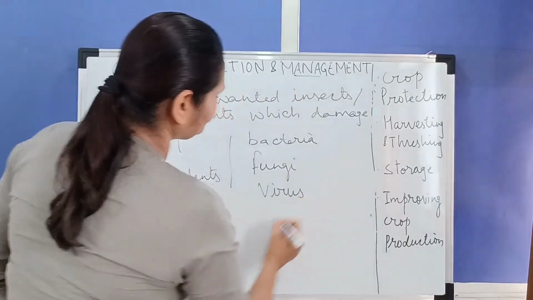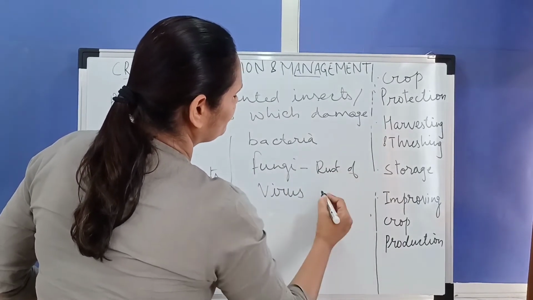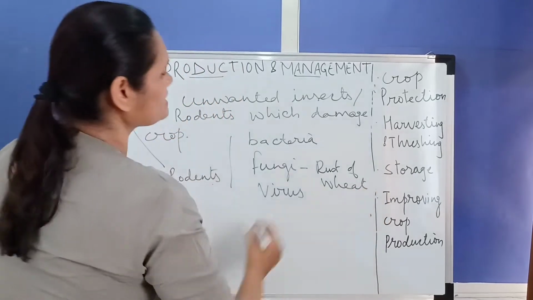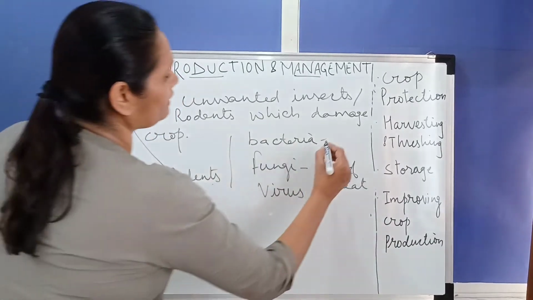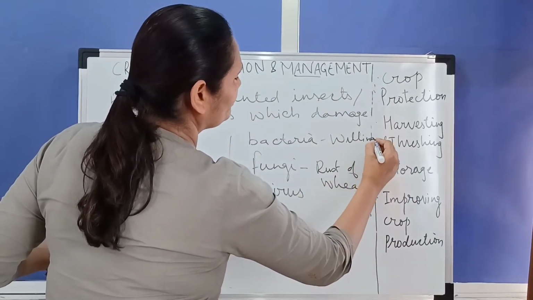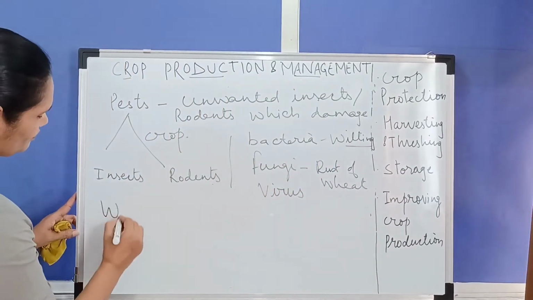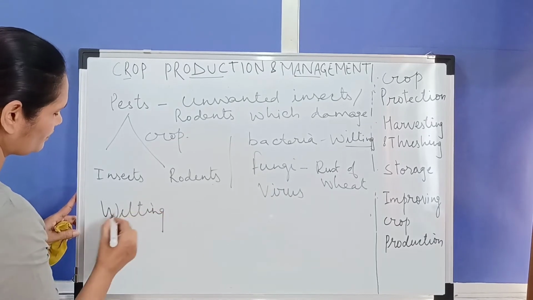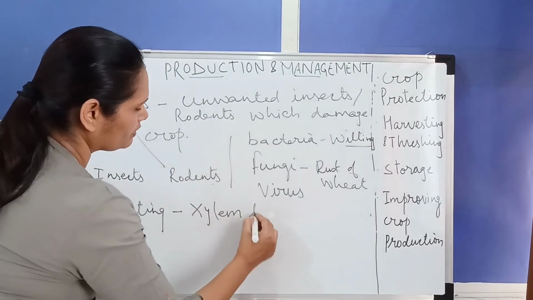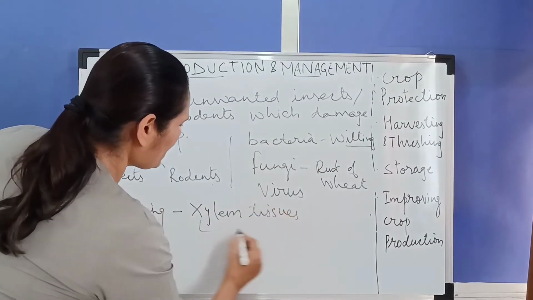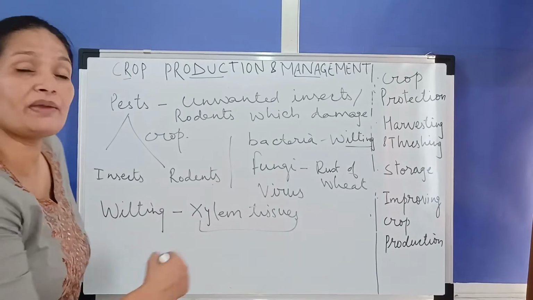Some fungal diseases can be rust of wheat. Some bacterial diseases can be wilting. In wilting, the xylem tissues which conduct water are damaged or blocked by the bacteria.